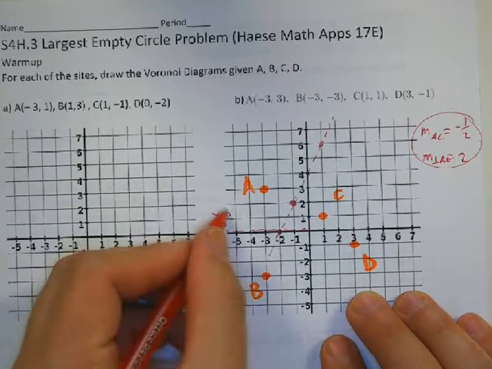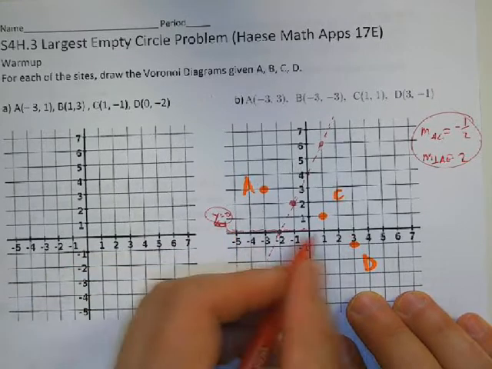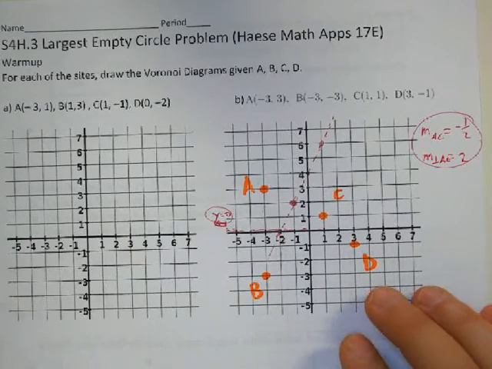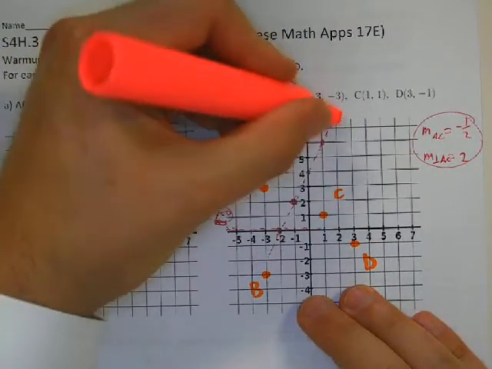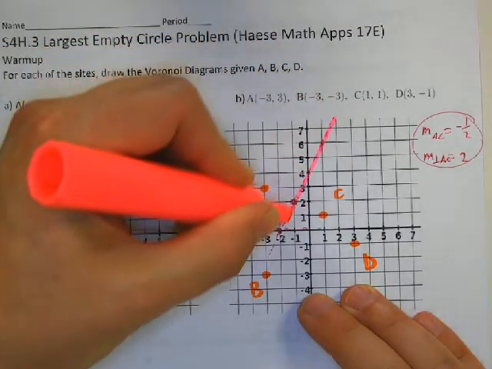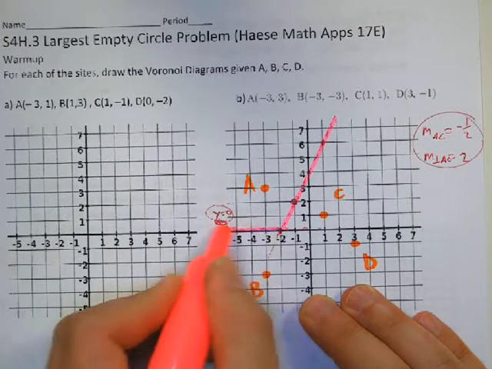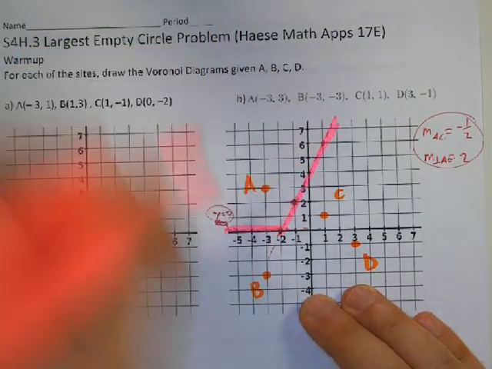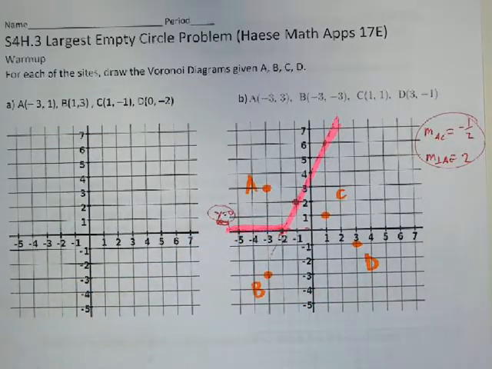Y equals 0 is this line, and where they intersect is where my vertex is going to be. So now I'm going to draw this a little more solid. This is the boundary between A and C, and the boundary between A and B.